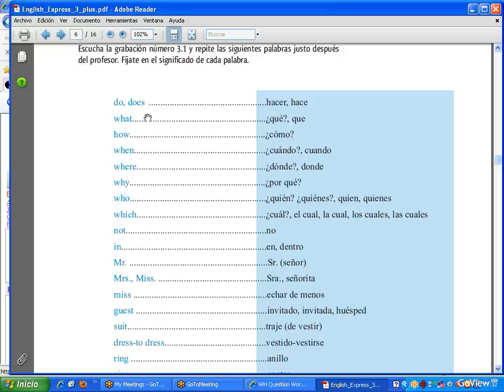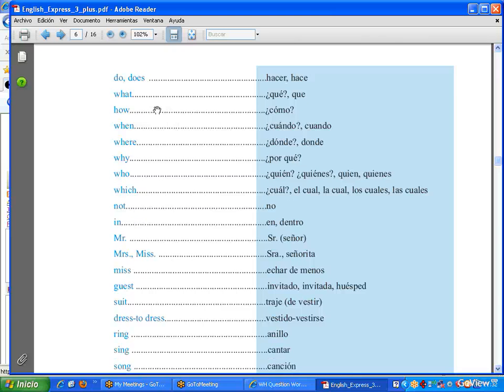So I do, you do, but he, she, and it does. So, as in all other verbs, we're adding an S to the infinitive. But because of the spelling rules, we have to add ES. He does.